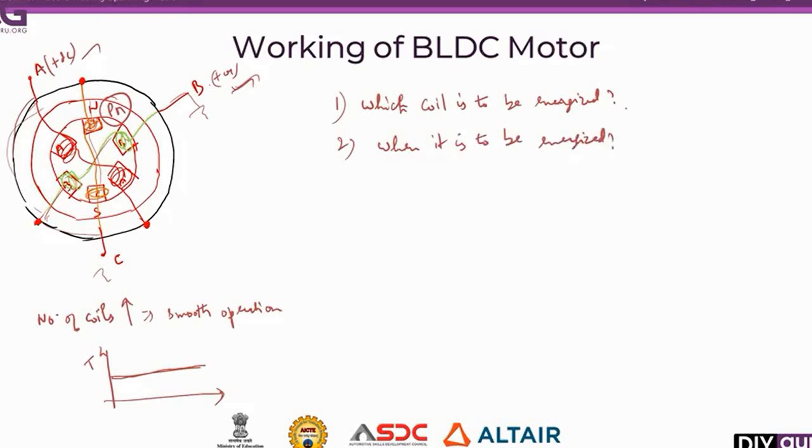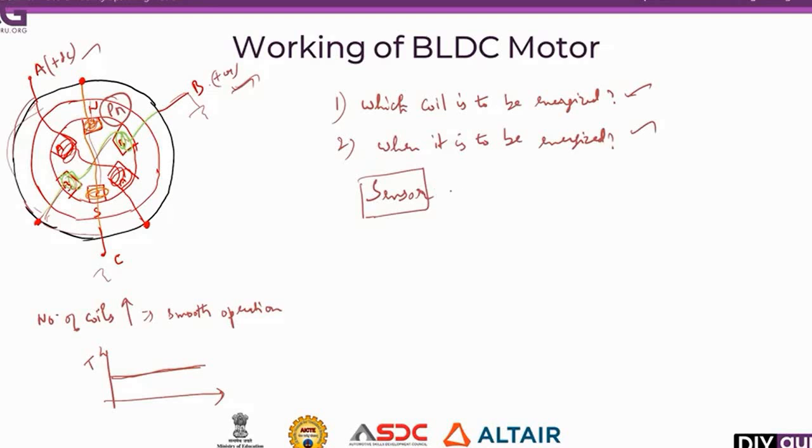So we must find which coil to be energized and at what time it must be energized. In a practical condition, it is quite difficult to identify that. So we require a sensor circuit to find which coil to be energized and at what time.